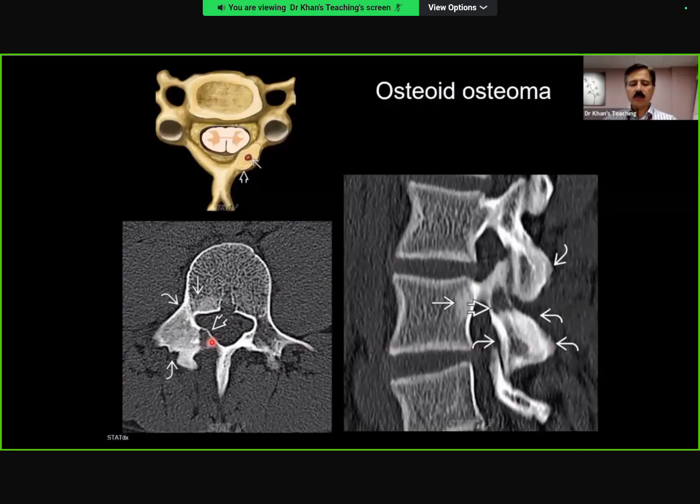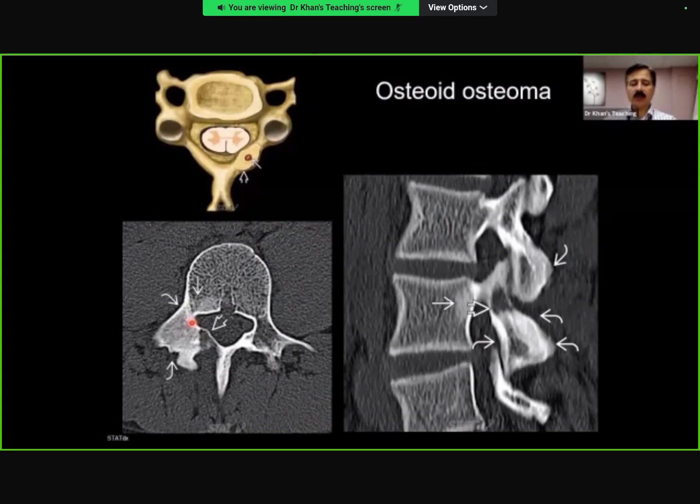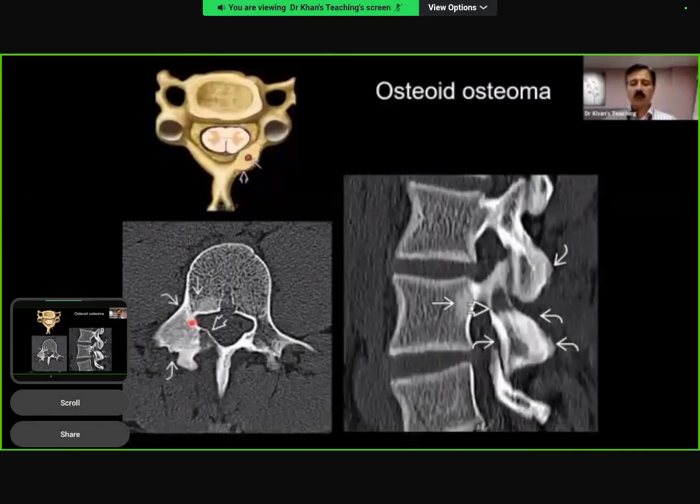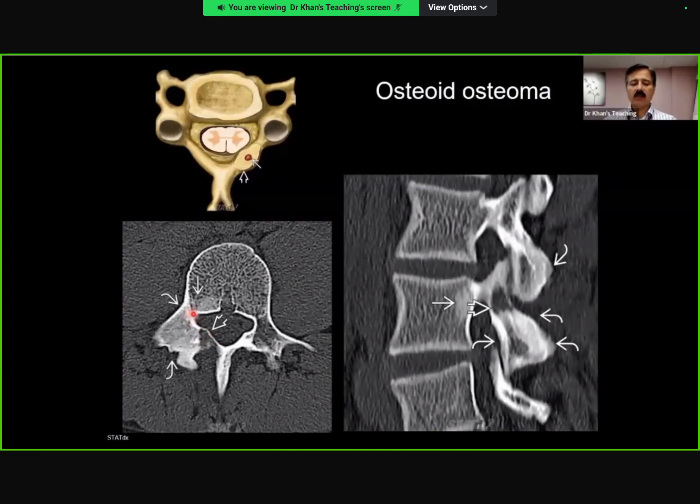When it is sitting in the pedicle, in the posterior elements of the vertebra, you can see sclerosis. And sclerosis of the pedicle is more prominently seen in an osteoid osteoma instead of an osteoblastoma. It can be seen in an osteoblastoma also, but because the nidus is lucent, a denser pedicle might be more visible on an osteoid osteoma.